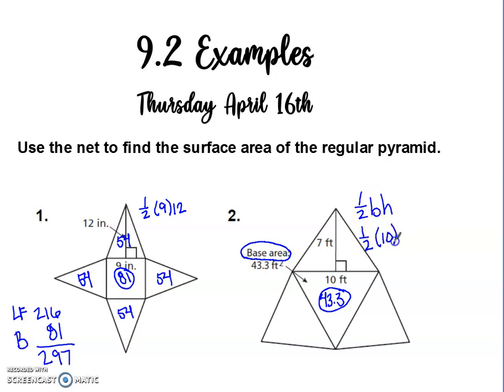Half of 10 is 5, and 5 times 7 is 35. That makes all of these 35. So 35 times 3 is 105 for lateral faces, plus the base area that they gave us. I got 148.3.